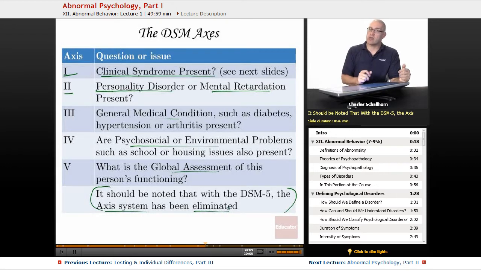There may still be a question about the axes on it because it takes time for the textbooks and for the tests to catch up with the times when the DSM does change. In fact, it'll probably be 10 years before all the textbooks are caught up, unless we move to all online-based texts. But it's going to be a few years before the DSM-5 is completely in all of our psych textbooks.